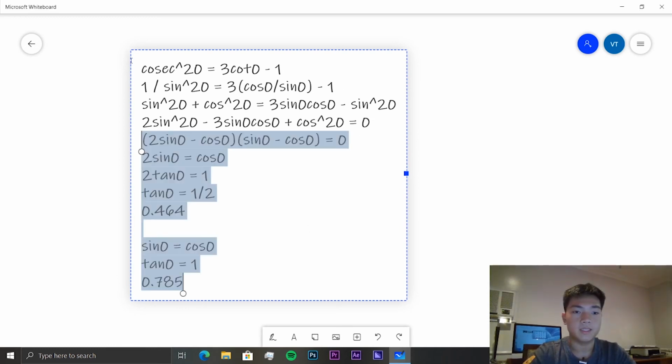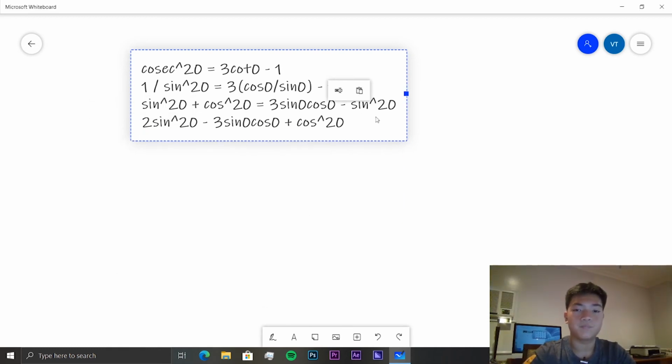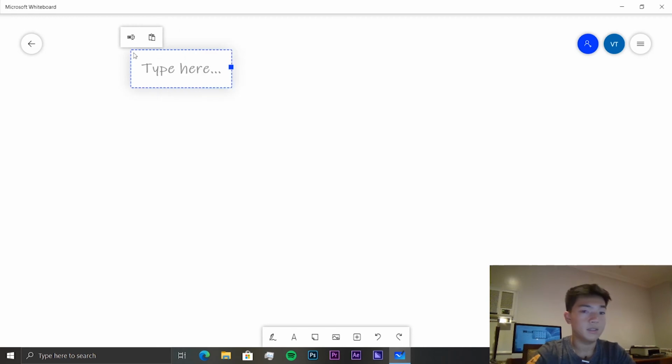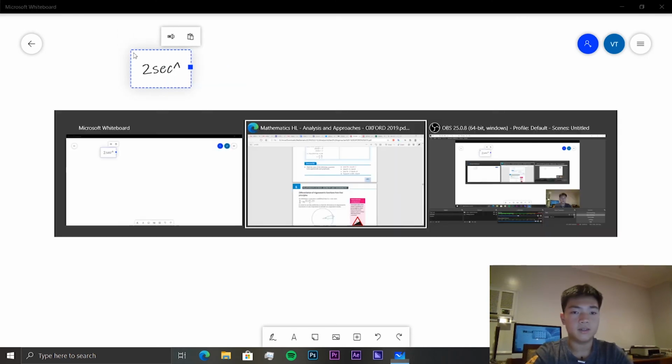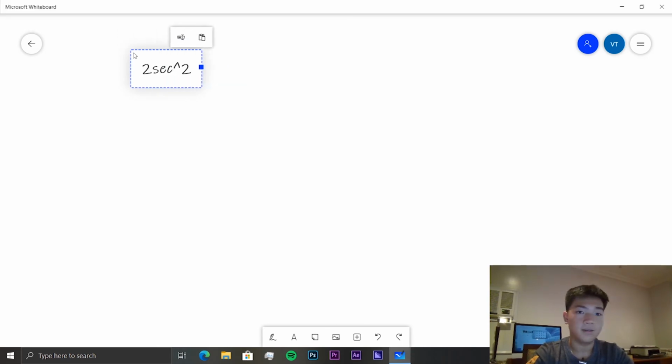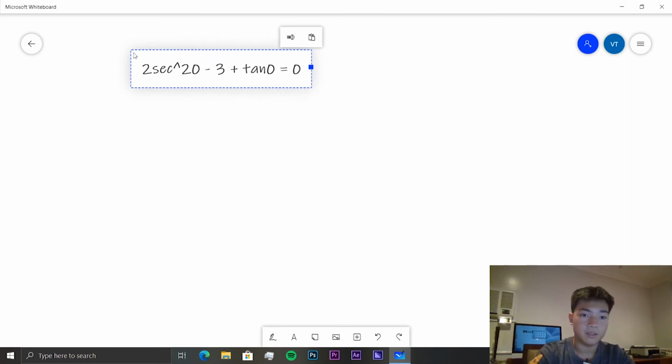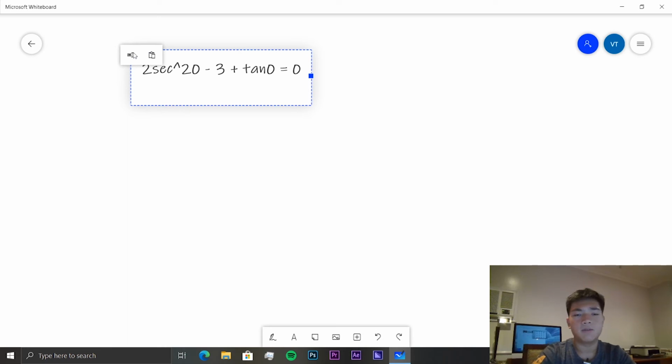Next and final equation, we have 2 secant squared theta minus 3 plus tan theta is equal to 0. What can we do over here? I guess we can multiply everything by cosine squared.